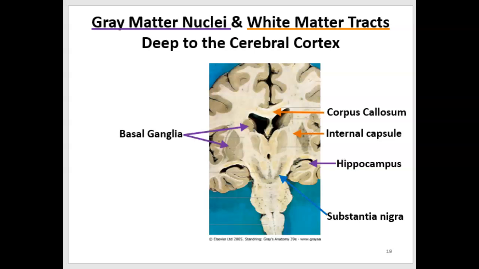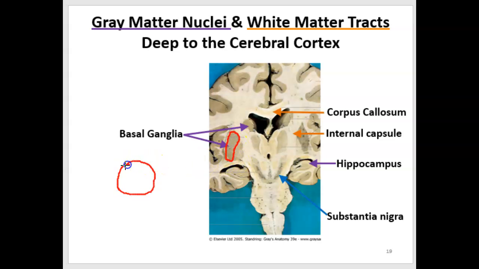And then I've also included some information that's not in your study guide on gray matter that's deep in the cerebrum. These regions are called nuclei, and in fact it's because they appear dark due to the presence of the nuclei of cell bodies.